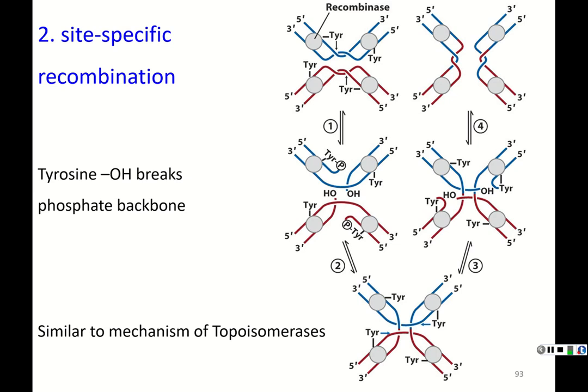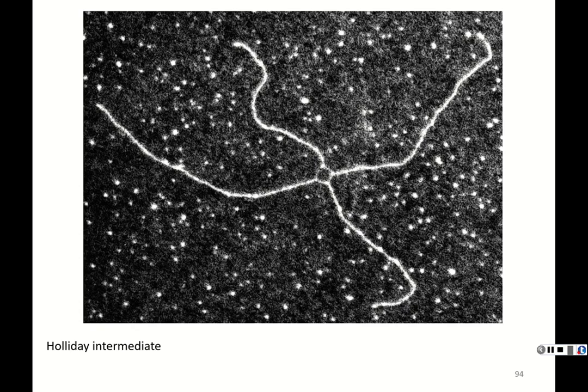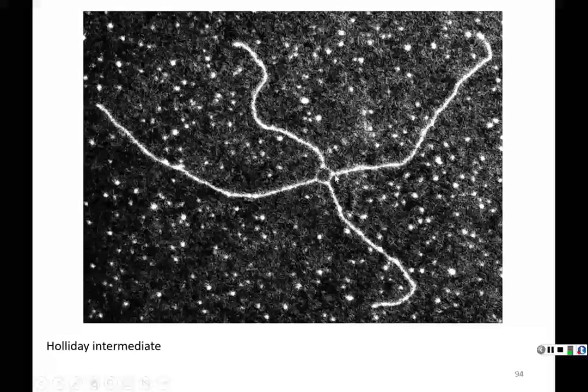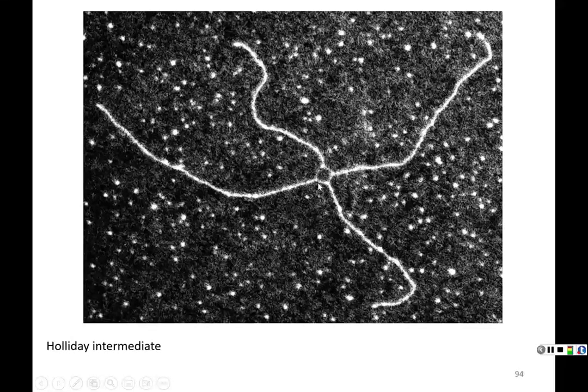It's similar, these recombinases are similar to the mechanism of topoisomerases, and if you remember, those also had tyrosine in their active sites. Here's an electron micrograph of that, okay, and you get the same sort of Holliday intermediate using this method as well.